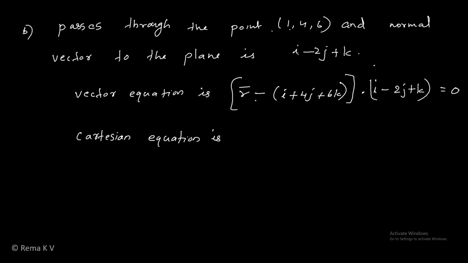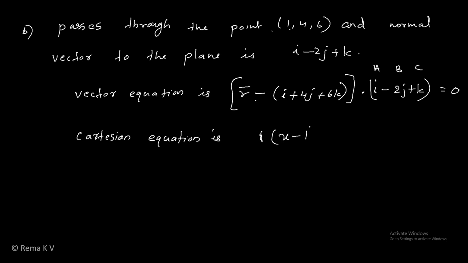Here the scalar components are to be taken as A, B and C. It is 1, the scalar component here, into x minus 1, since the point is given as 1, 4, 6.